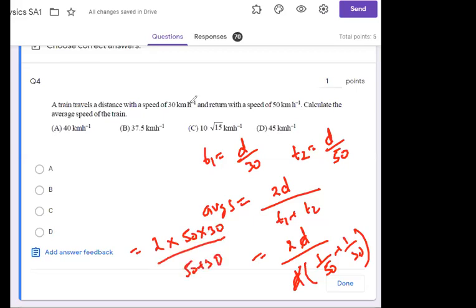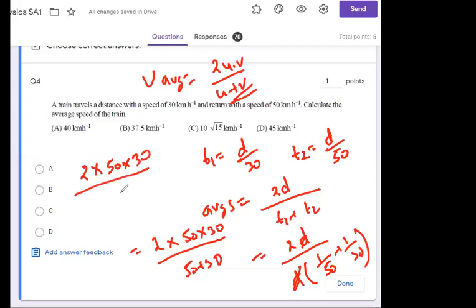I hope all of you remember, if this distance is constant, then V average is given by 2uv by u plus v. याद है हम लोगों ने derive किया था पूरा, एक क्लास लिया था मैंने. So tell me 2 into 50 into 30 by 80. 4 times 12.5, है ना? 12.5 into 3 is 37.5.